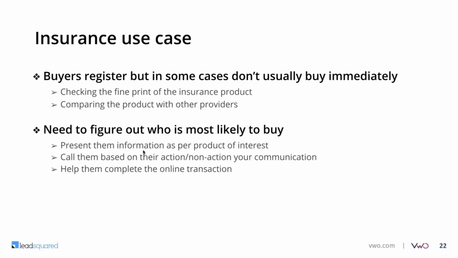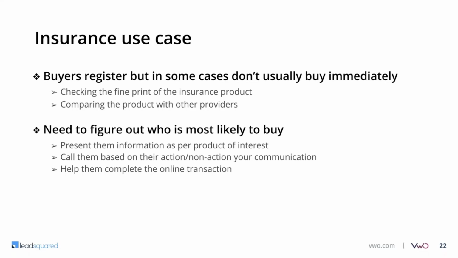Now, insurance products can be higher valued as well, where the LTV, the lifetime value of the customer, is very high. In that case, it may make sense to track the behavior of the consumer on the website, and the communication messages we are sending out to them, and based on that we can choose which potential customer who's more primed to buy we should pay more attention to, and convince them to purchase with us, right?